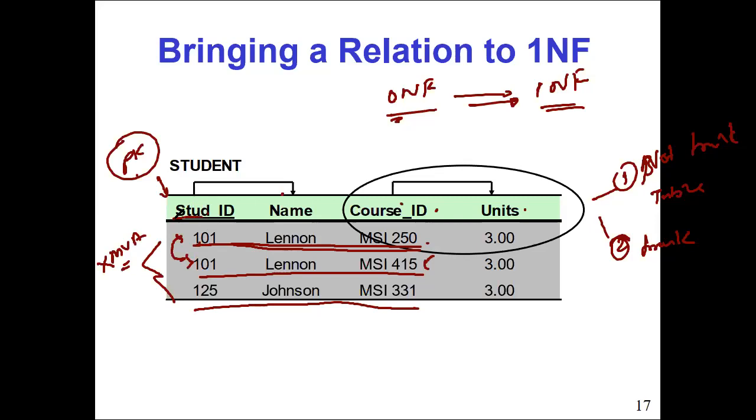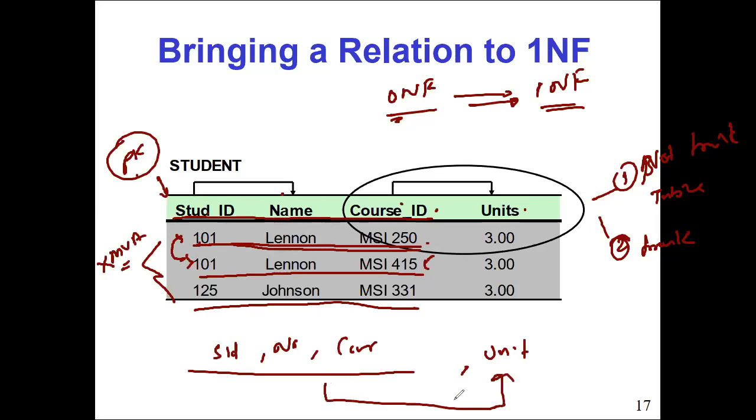So the primary key is student ID, name, course ID, and then units depend on it. You can see no multi-value attributes.